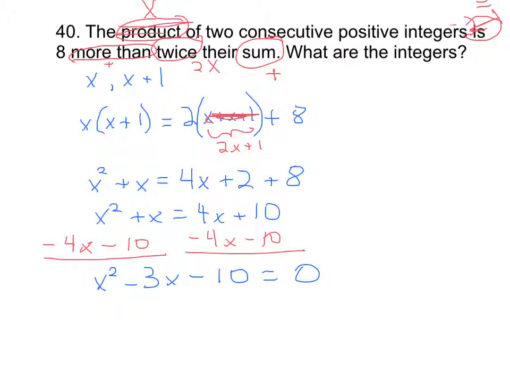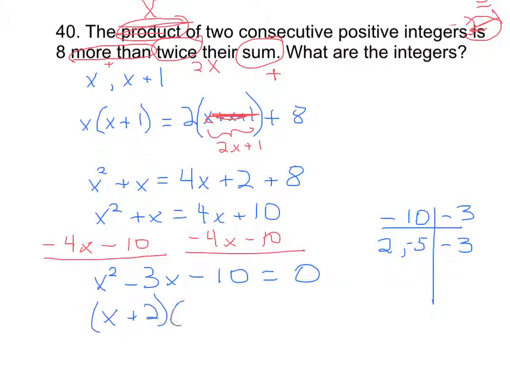And to factor it, we need two numbers that multiply together to give us negative 10 and add together to give us negative 3. And so that's going to be 2 and negative 5. When you add those together, you get negative 3. So we write x plus 2 times x minus 5 equals 0.